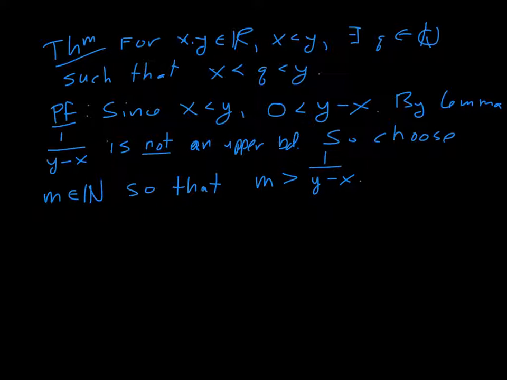So choose m, a natural number, so that m is bigger than 1 over y minus x. Since the natural numbers aren't bounded by 1 over y minus x, I can pick a natural number bigger than it. Then a little bit of algebra will imply that 1 over m is less than y minus x. So I'm able to find a natural number so that its reciprocal is less than y minus x.